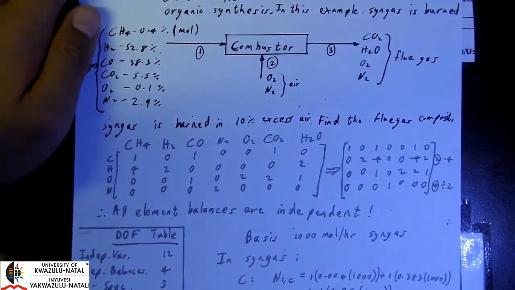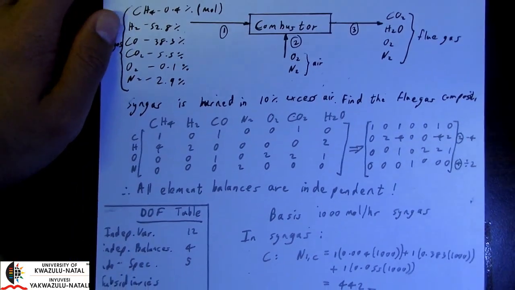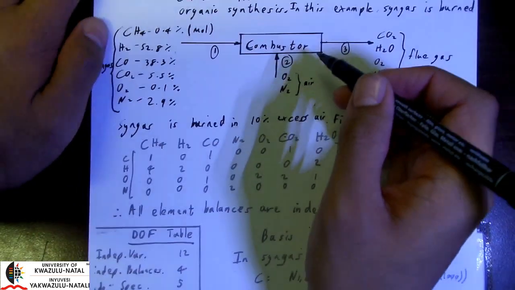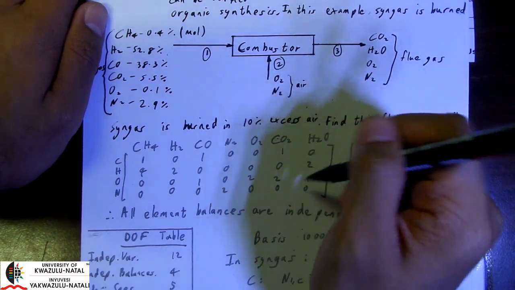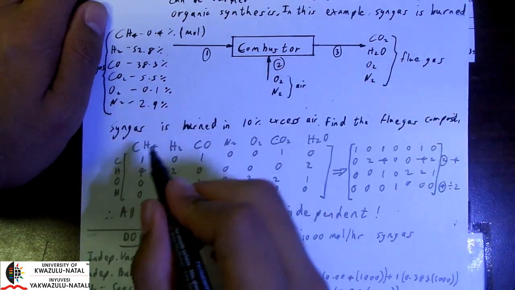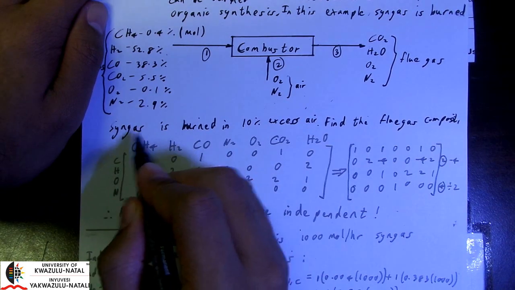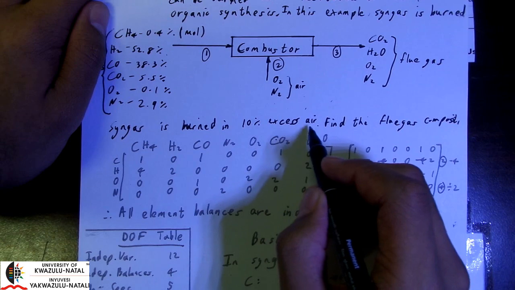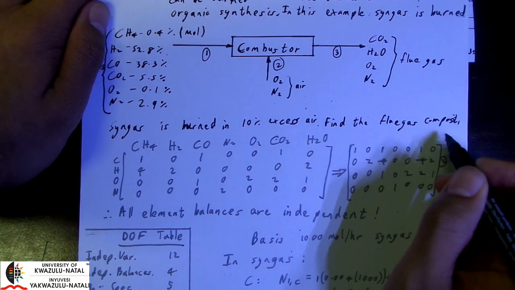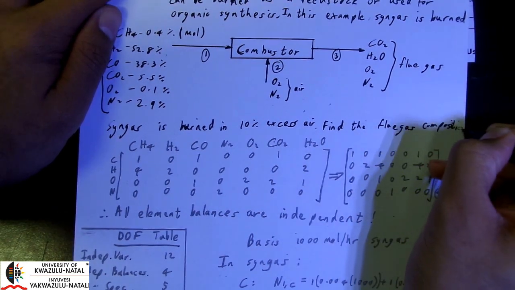So let's look at our element balance. Okay, and remember that before we do any element balance, we have to check whether our balances will be independent. And also another piece of information is that syngas is burned in 10% excess air. And we want to know what the flue gas composition is.